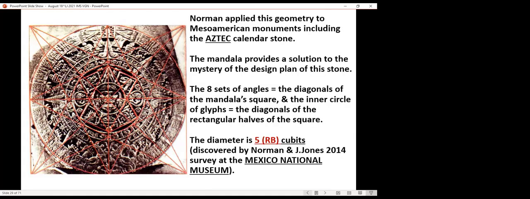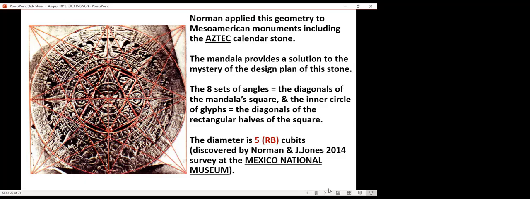Cannot escape the Aztec calendar stone, famous, the most revealing geometry in all of Mesoamerican architecture and art. Many have tried to give us a picture of the origin, and when we applied the mandala to it, everything fell in line.